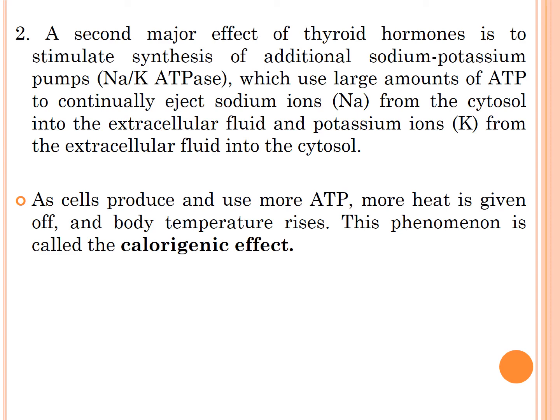As cells produce and use more ATP, they generate more heat and so increase body temperature, and this whole phenomenon is known as the calorigenic effect. So second function is use of ATP and calorigenic effect.